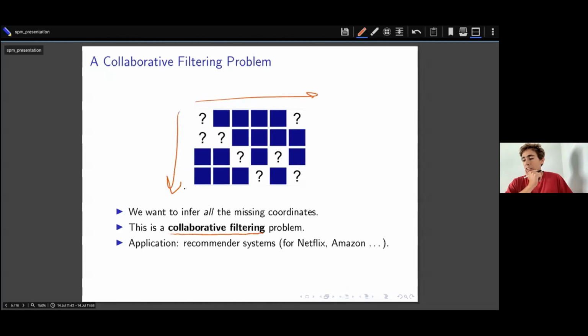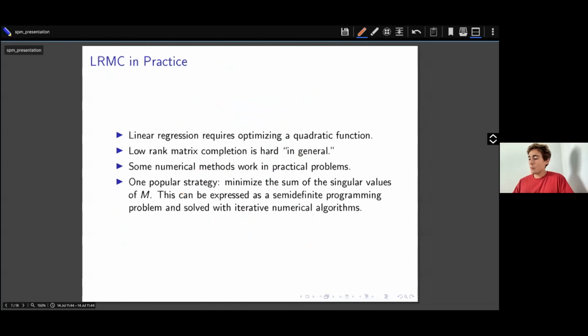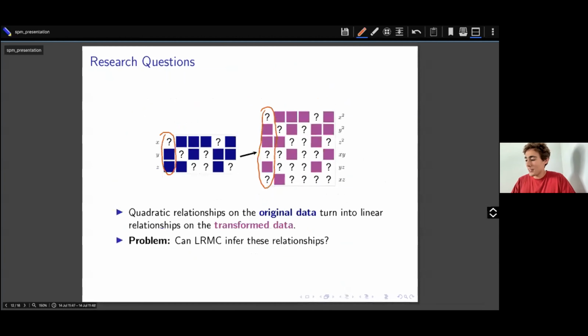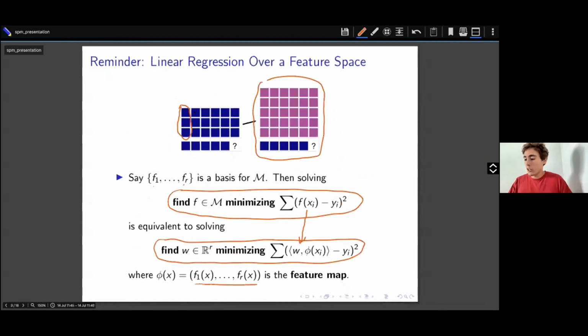But as I said, this particular method I'm using now, I'm still looking for algorithms to see whether we can really do this in practice. Another thing I don't have time to talk about is that if you do linear regression on a feature space, you often don't actually apply this map.